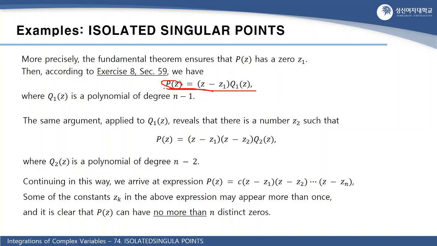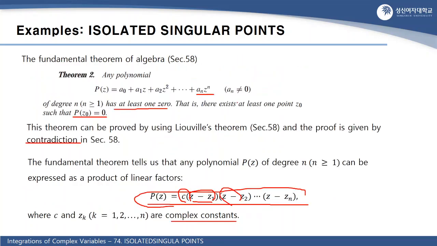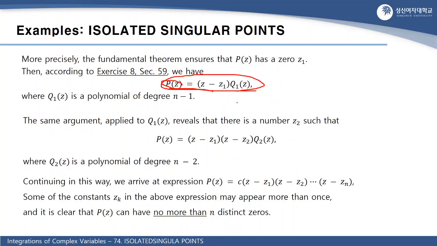So we have this, yeah, it's a factorization. And then we can use a similar argument, actually the same argument, applied to q1 of z here. Here we start with the polynomial p of z, but next we do the same thing with the polynomial q1 of z.